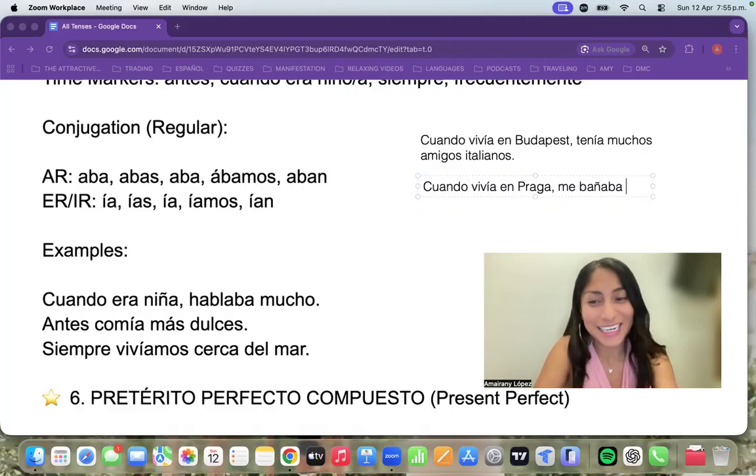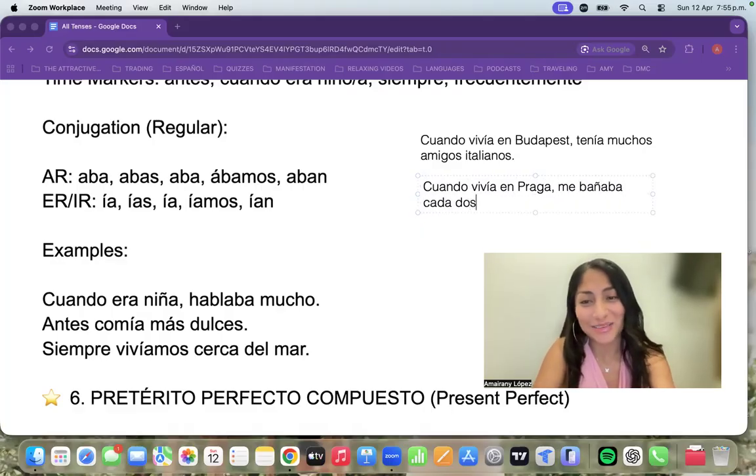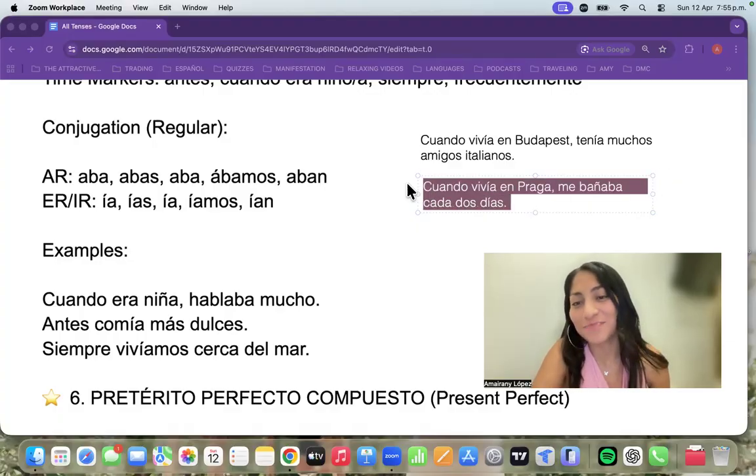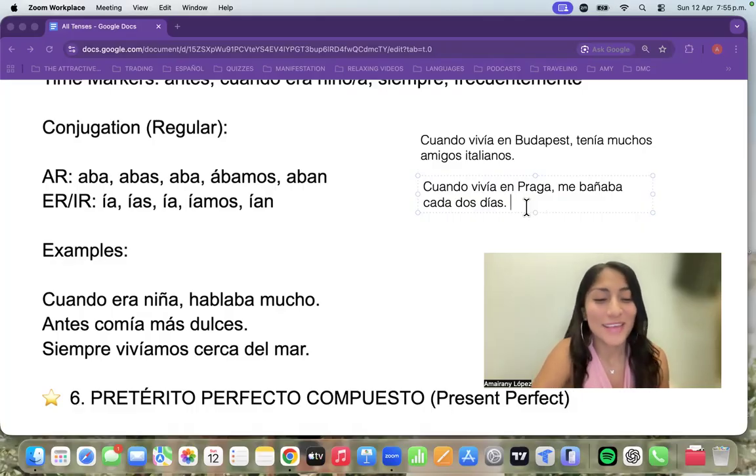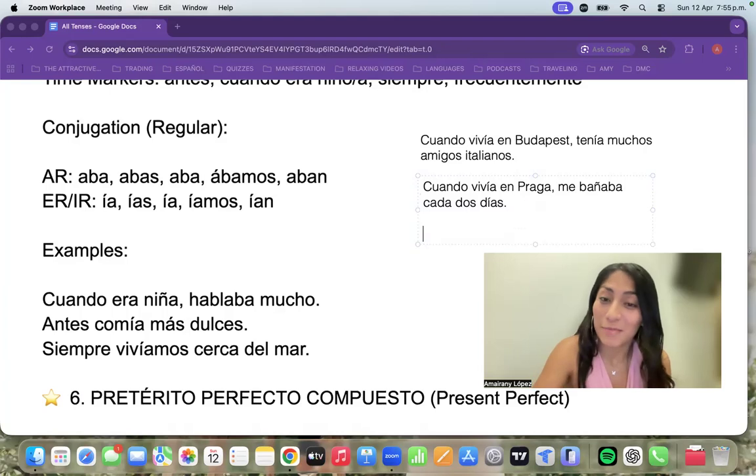Me bañaba cada 2 días. So when I was living in Prague, or when I used to live in Prague, I would shower every 2 days. I wouldn't shower every single day. I would shower every 2 days. Kind of. I think I was showering every day, but here and there I would do it every 2 days. It was so cold. It was wintertime, so no shame there.